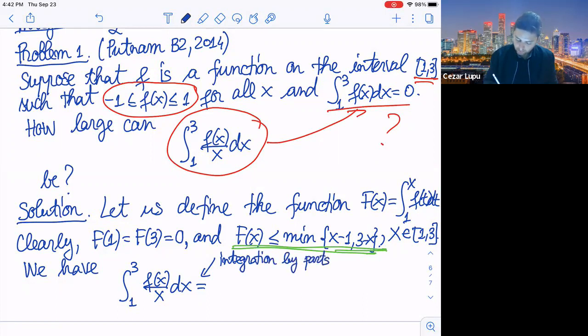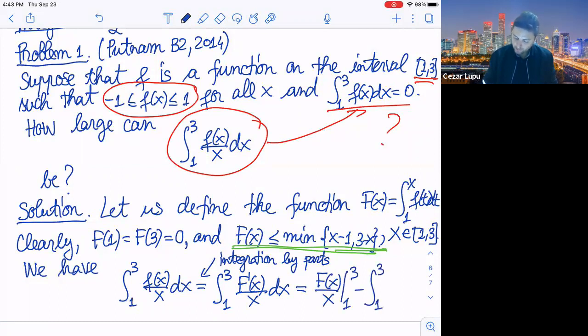Because we can write this as the integral of F'(x)/x dx. So this would be F(x)/x from 1 to 3 minus the integral from 1 to 3 of F(x)/x squared dx.